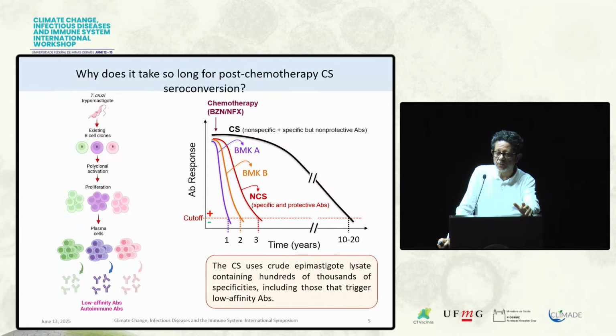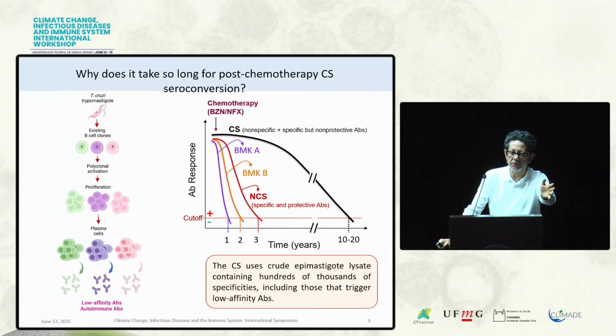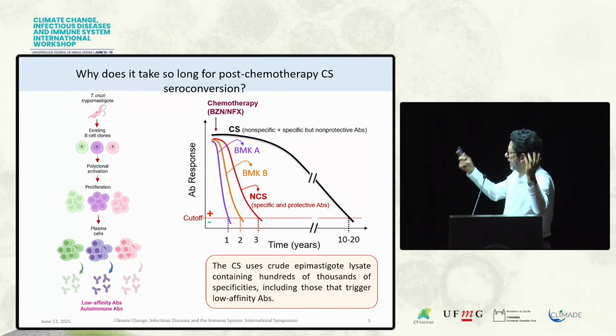And those who do conventional serology in the lab know that the dilution they use is like 1 to 1, you still use 1 to 20, 1 to 100. At those dilutions, there are a lot of polyclonal, low-affinity antibodies that cross-react with several diseases.